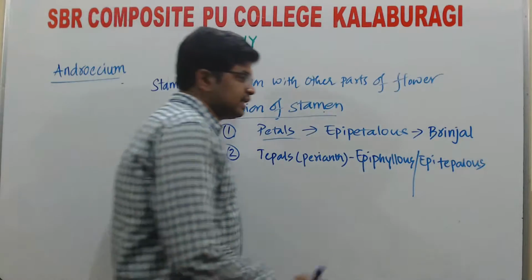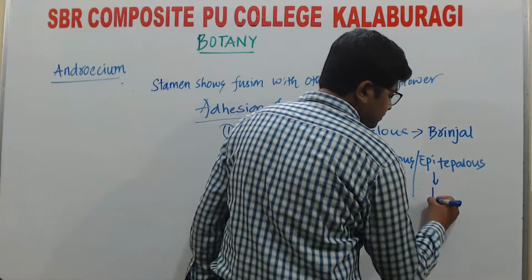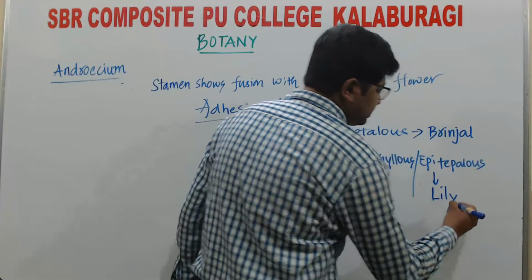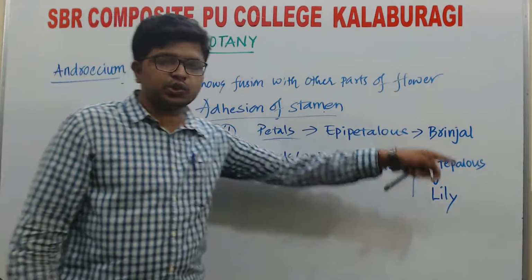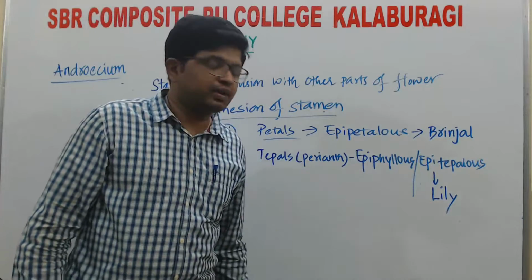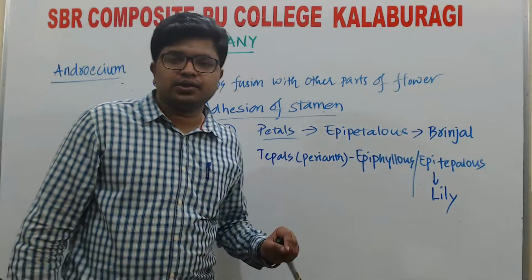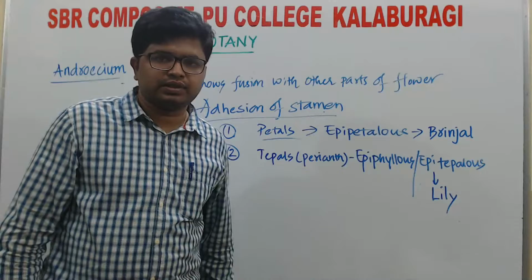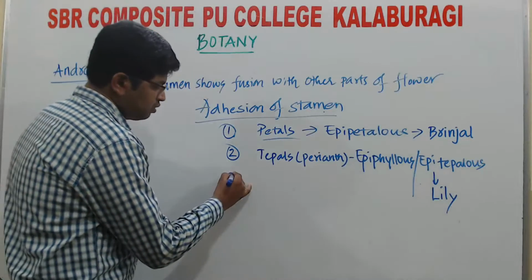The example is lily, Liliaceae family. Right? Brinjal is Solanaceae family. In Liliaceae family, you will see that the tepals show fusion with the stamens. Right? And you have one more.